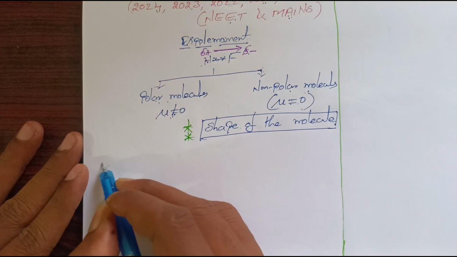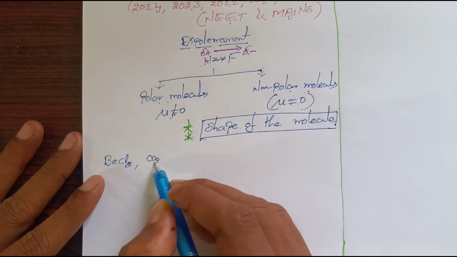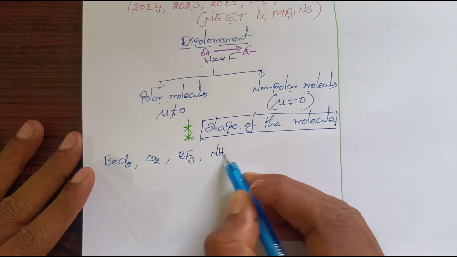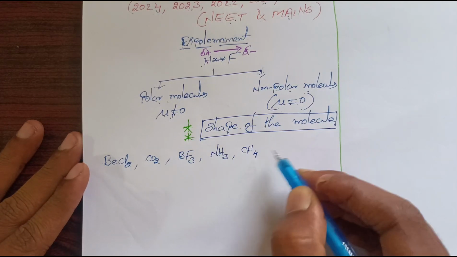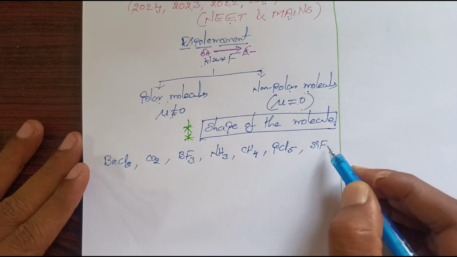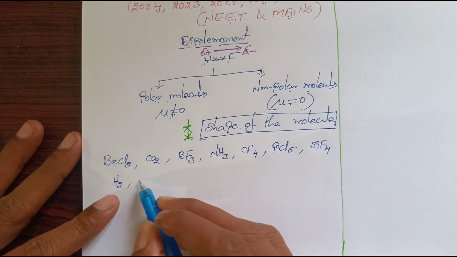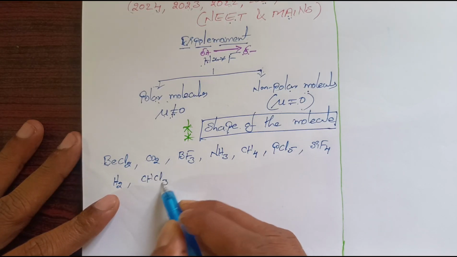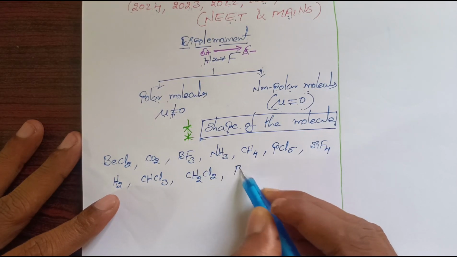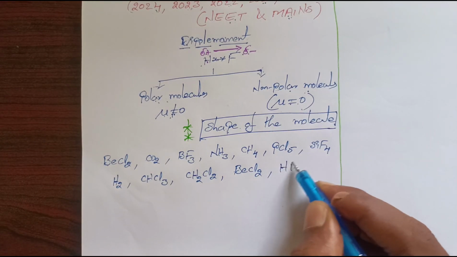A few examples I am giving now: BeCl2, CO2, BF3, NH3, methane, PCl5, SiF4, H2, CHCl3, CH2Cl2, BeF2 or BeCl2, HF.